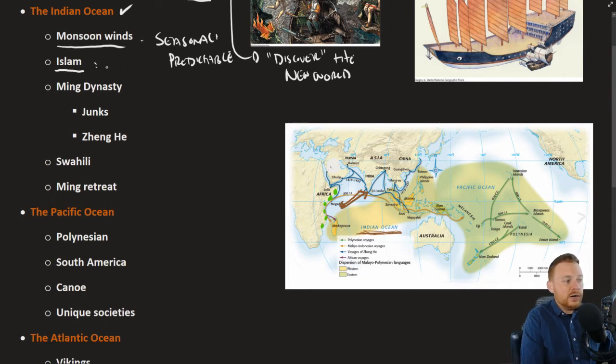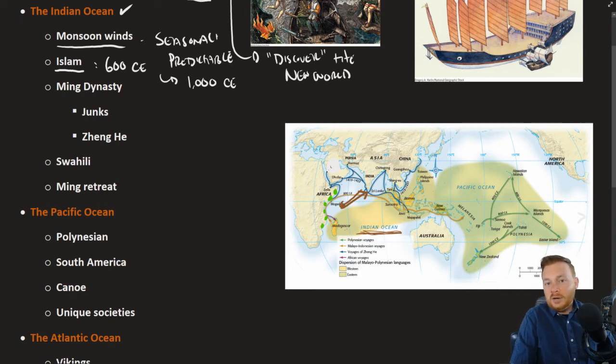Islam comes around or hits the scene anywhere between 600 CE in the Arabian Peninsula, but really expands all the way into this area, all the way into the year 1000. So even 500 or 400 years before Christopher Columbus, Muslim merchants were traveling all around the Indian Ocean and establishing various economic and religious contacts.